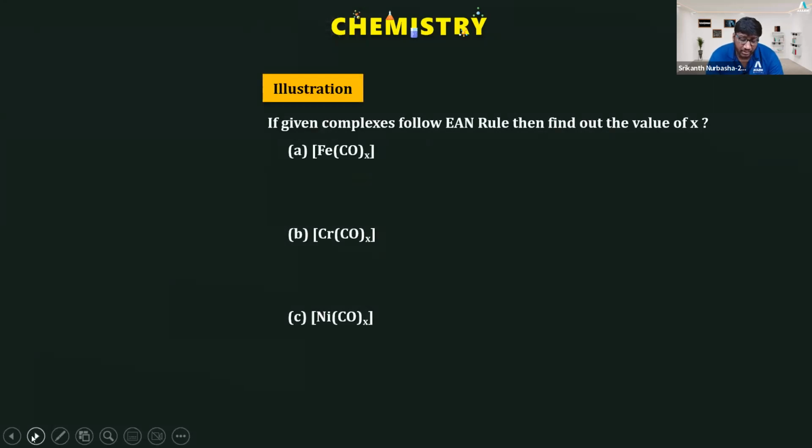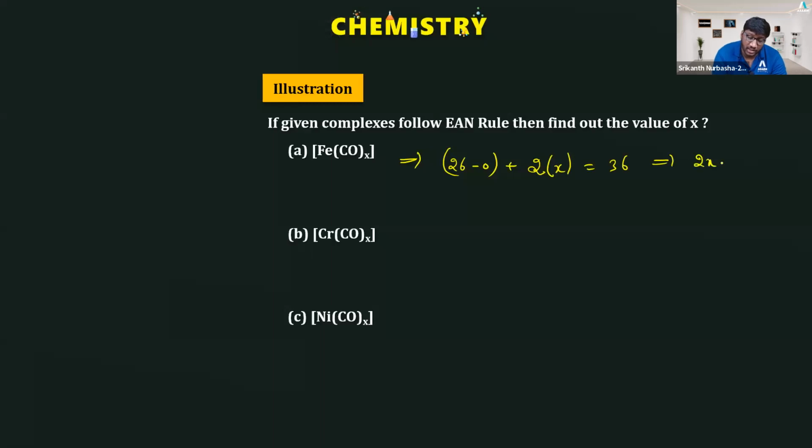Find out the value of X if the following complexes follow the EAN rule. Do it for Fe(CO)X. 26 minus 0 plus 2 into X should be equal to 36. So 2X is equal to 36 minus 26, which is 10. So 2X is equal to 10 means X is equal to 5.